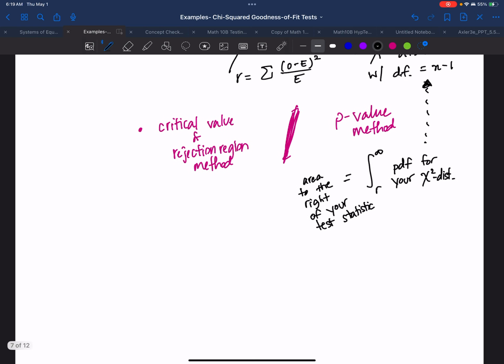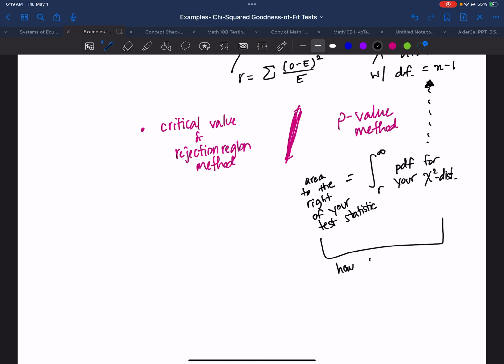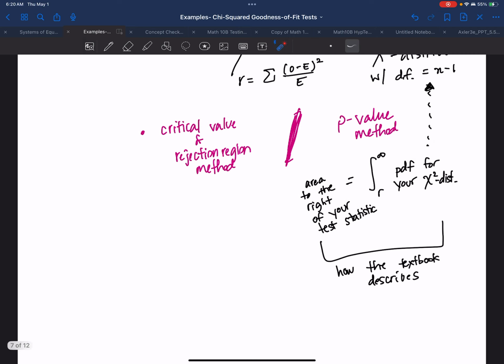I'm putting it like this because this is how the textbook describes it. And it's going to involve a gamma. You'll have a coefficient out here, like 1 over gamma of k plus 1, or something over 2, something like that. Basically, computing this integral very well could be too complicated or too long, involving lots of integration by parts. So you can estimate it.